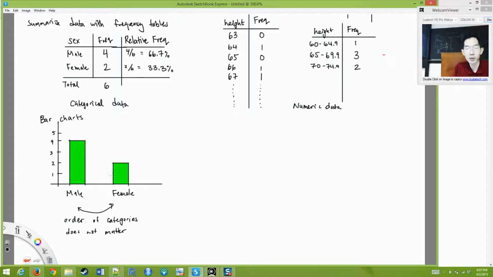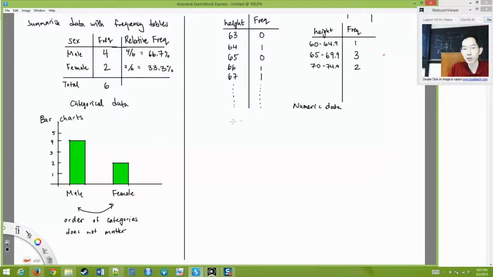If I wanted to put the female column over here and the male column over here, that's equally valid. It doesn't matter the order of the categories that we have. And so if you have 10 different categories, you can put them in alphabetical order, you can put them in increasing order, based on the counts, different things like that. You have that option, okay? So that's for categorical data.